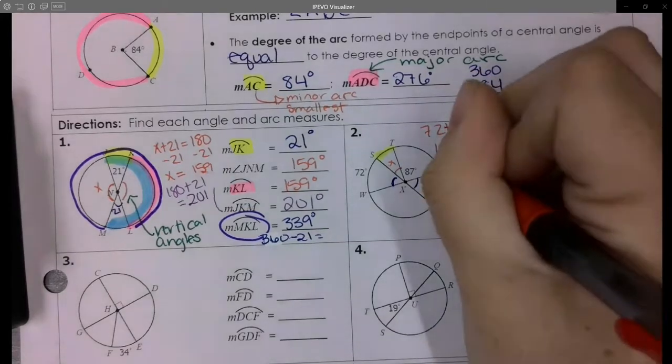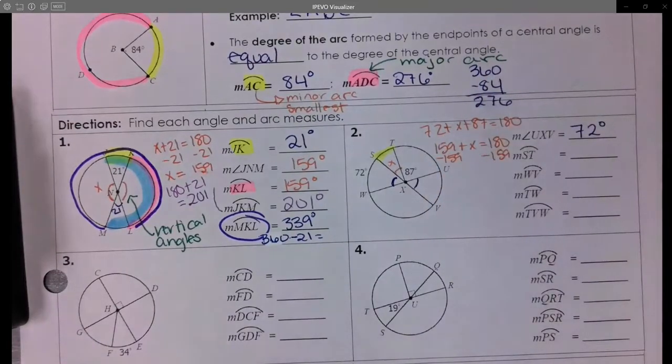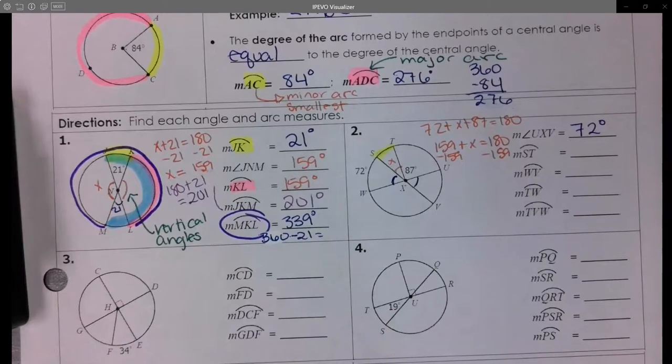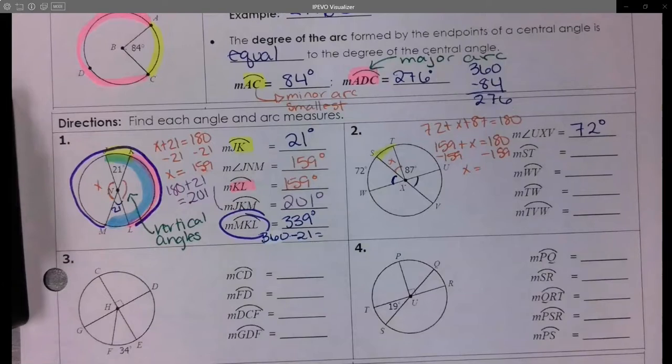Then I want to go ahead and subtract 159 from both sides, which gets me 21.